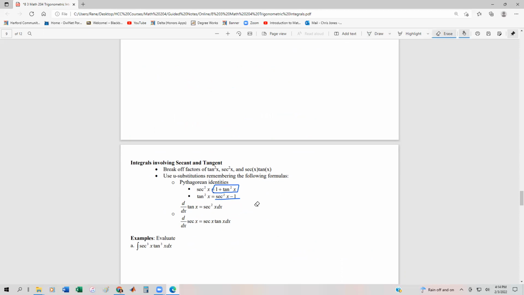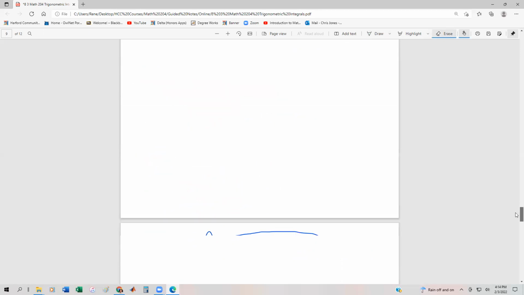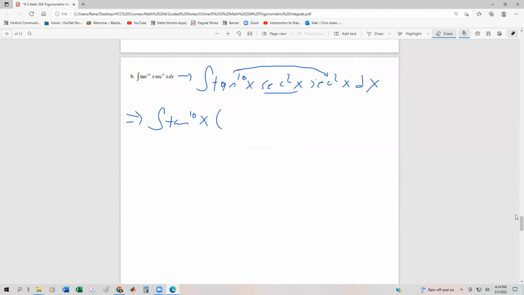So apologies, make sure that you use this 1 plus tangent square x to go from your secant square. So this is now going to be the integral of tangent to the 10th of x, 1 plus tangent square x, and then finally, we still have the secant square of x dx.